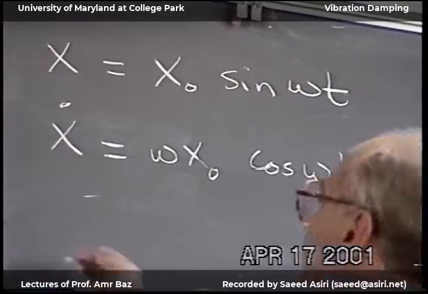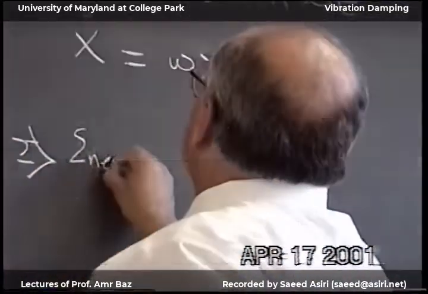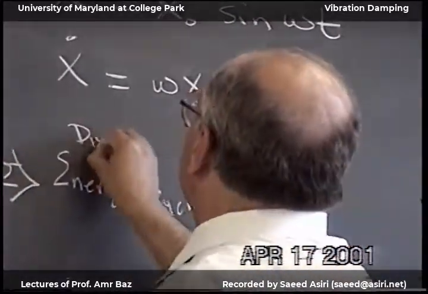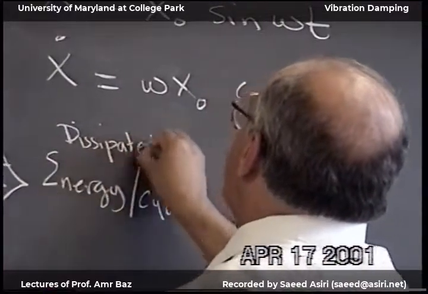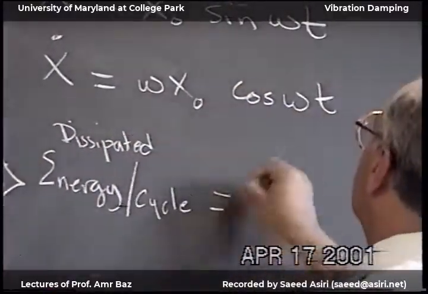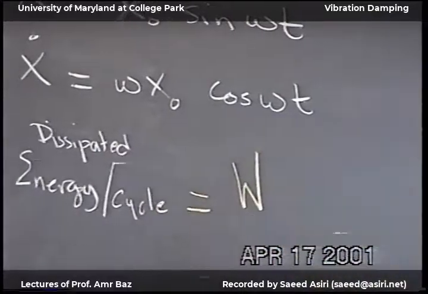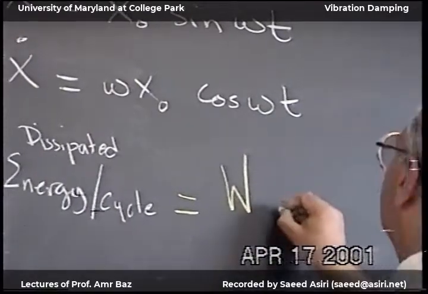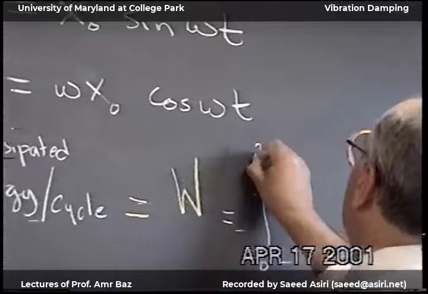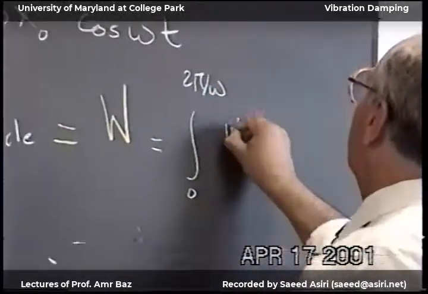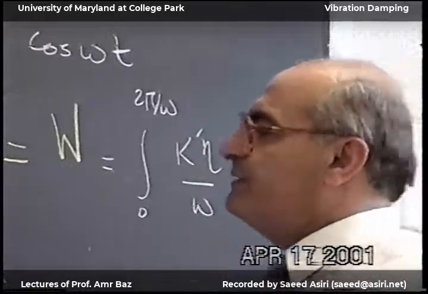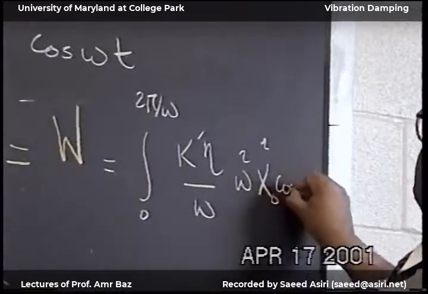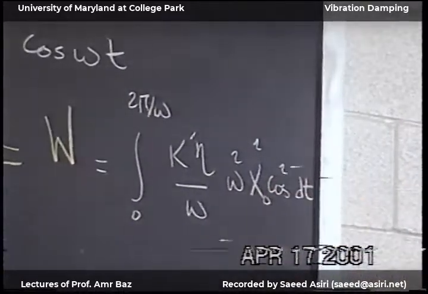And then I plug them here, then the energy per cycle, and this is the dissipated energy, I'm going to call this W. So this will equal to the integral from 0 to 2 pi over omega, k prime eta over omega, and the x dot squared I'll replace by omega squared x0 squared cosine squared, dt.